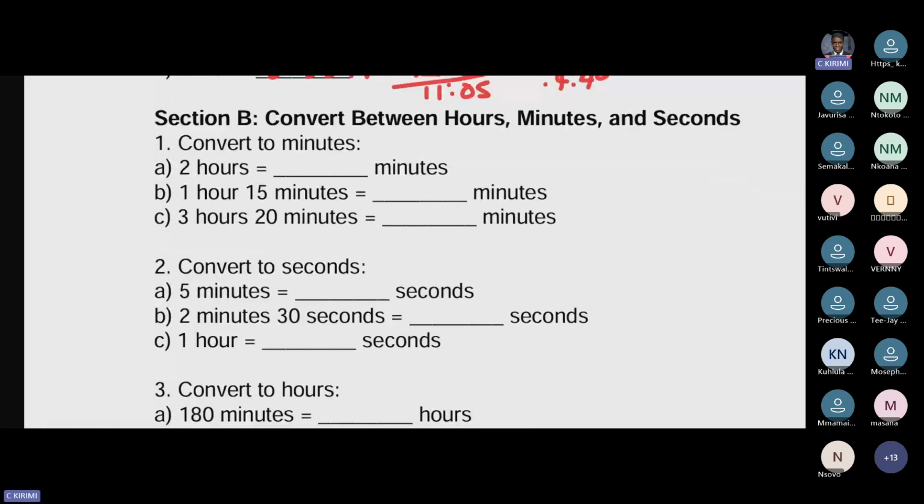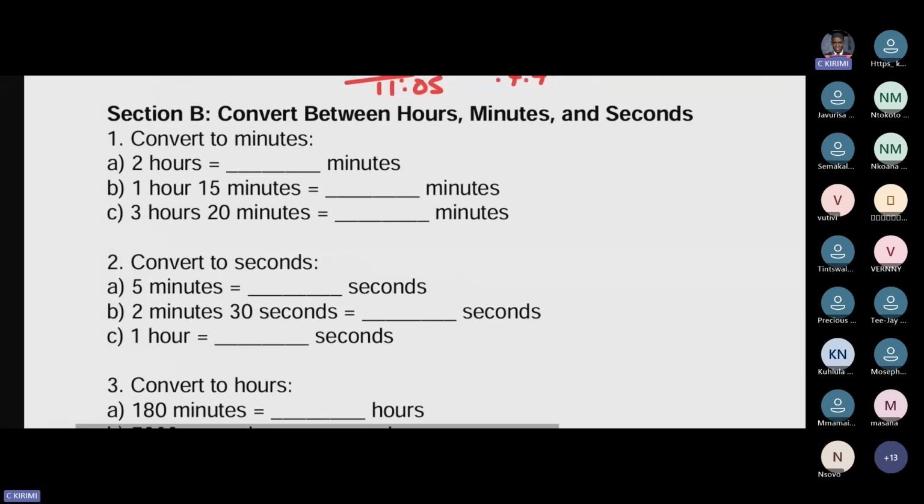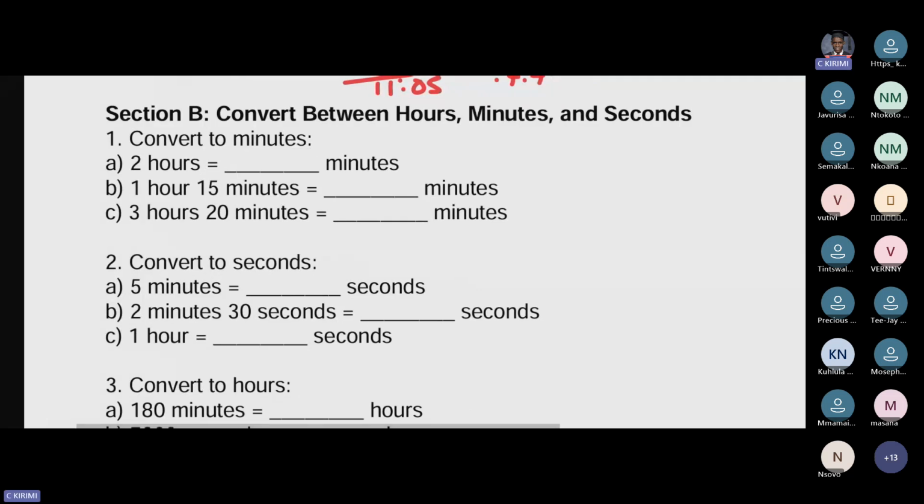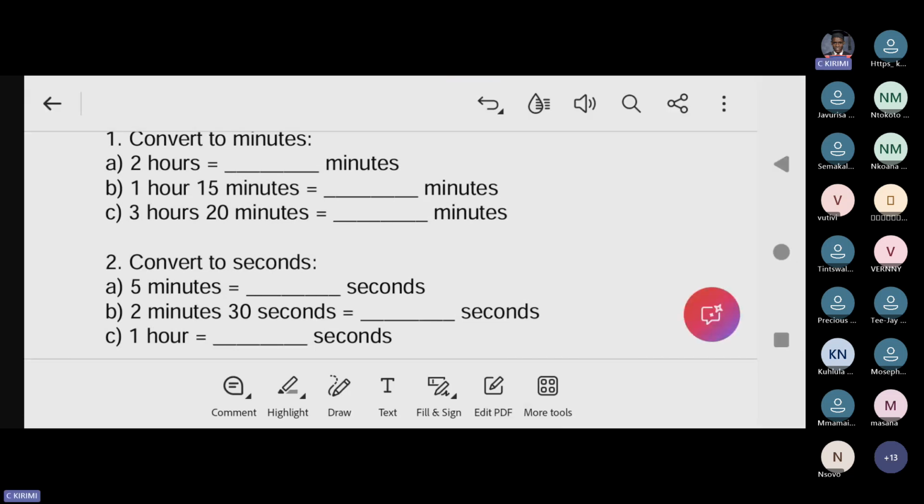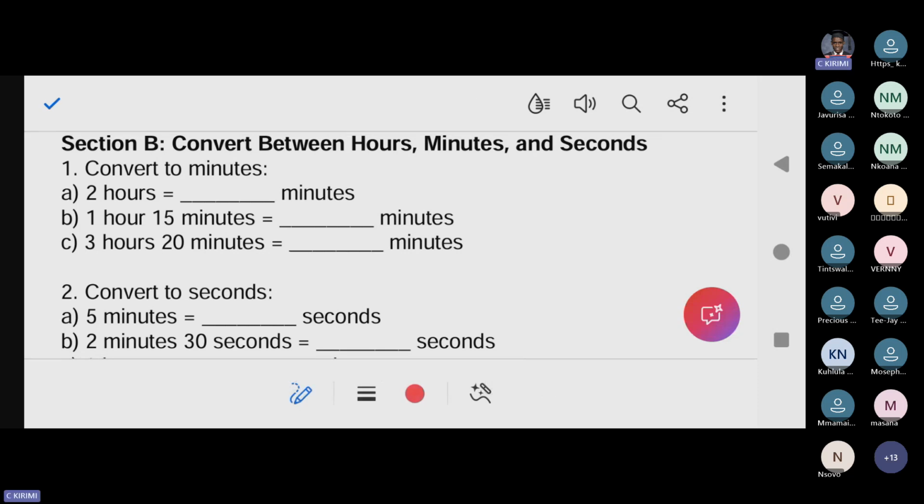Then for section B, it wants us to convert hours, minutes, and seconds. So we are saying 2 hours is how many minutes? We know that 1 hour is equal to 60 minutes.